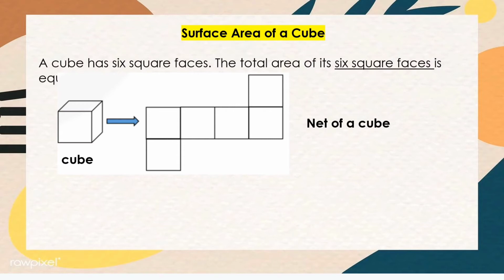The area of a square is s squared. Since we are looking for the surface area, all we have to do is to add the 6 faces. So the formula to be used here will be surface area is equal to 6 times s squared.